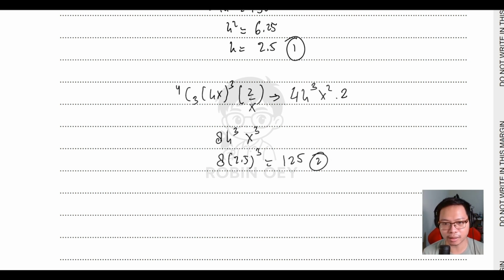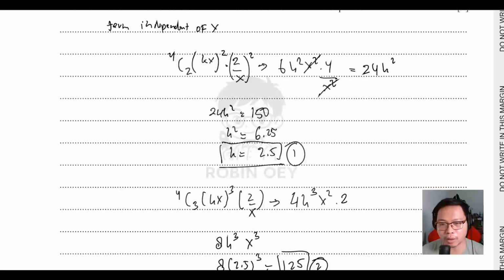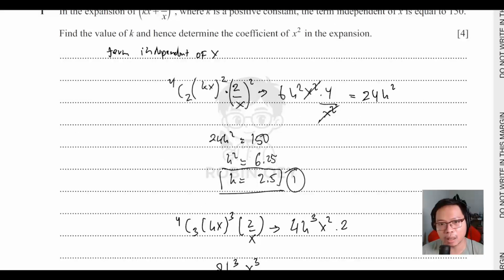This is our second answer. So first, k equals 2.5 and the coefficient of x squared is 125.